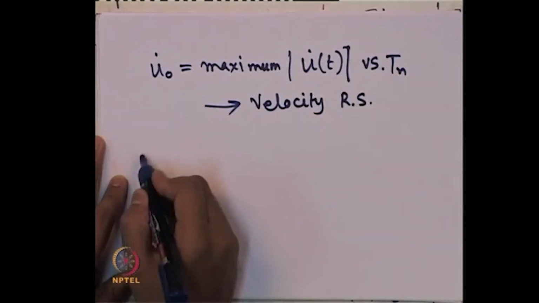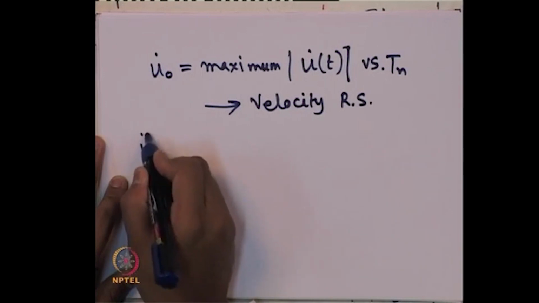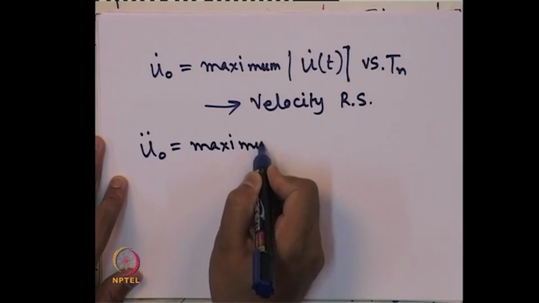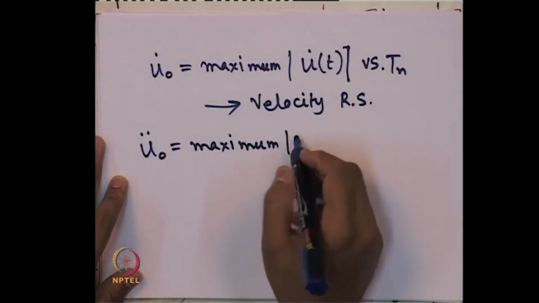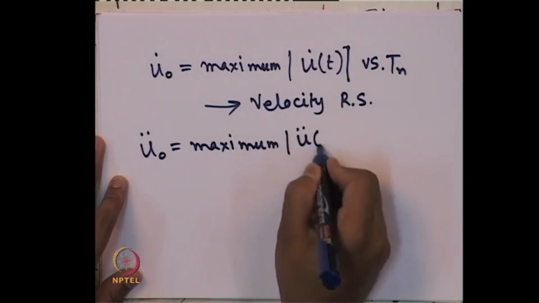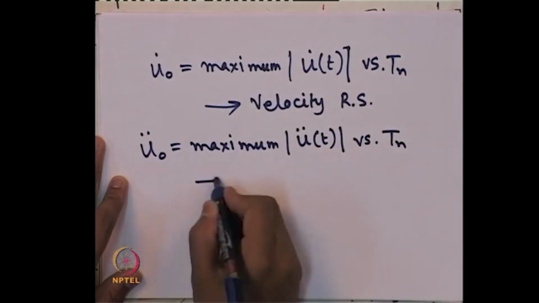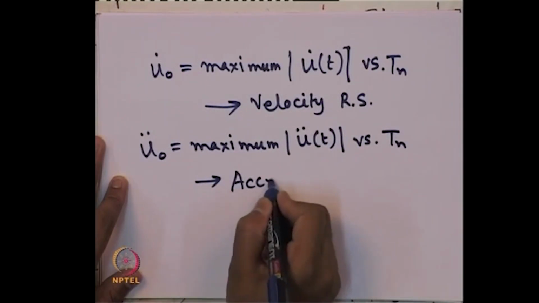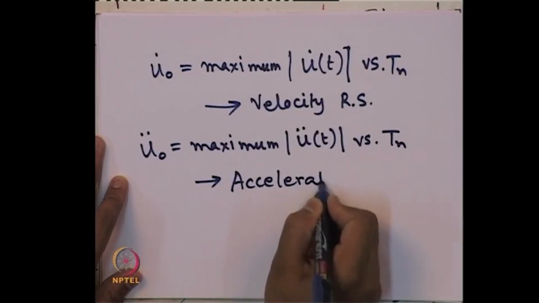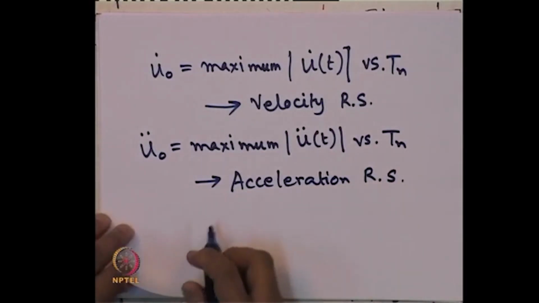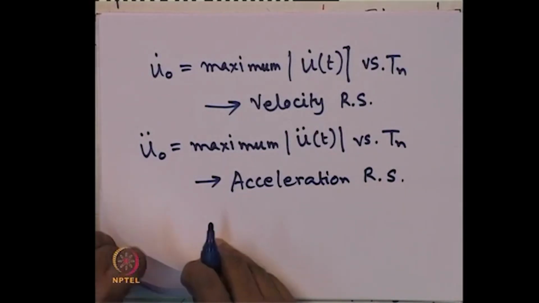If you further differentiate it with respect to time, u naught double dot is nothing but the maximum of this u double dot t versus the plot of T n, that gives us the acceleration response spectra. So, that is for the chosen solution of a of t, what we have seen.